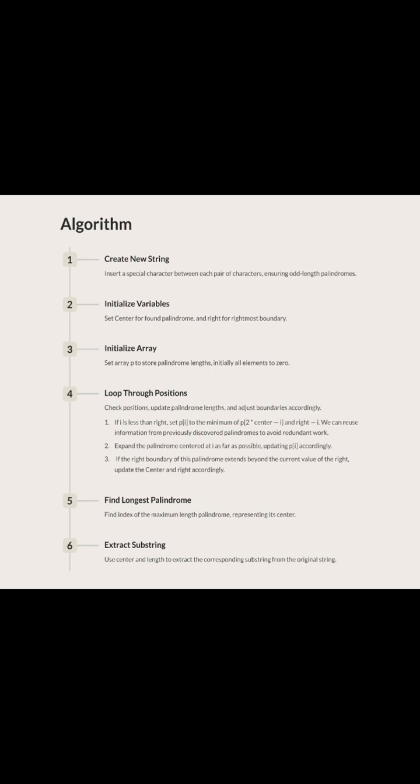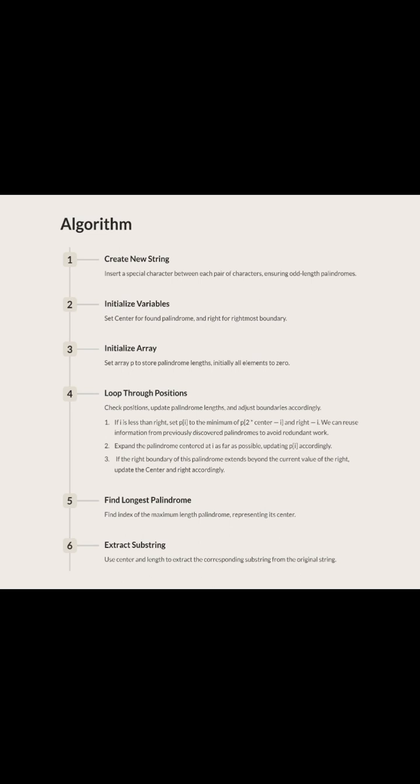If the current position i is less than the right boundary of the current palindrome, we update P of i using previously discovered palindrome information and avoid redundant work. The formula used to update P of i is: P of i equals the minimum of P of (2 times center minus i) and (right minus i). You may be wondering why it is 2 times center minus i.